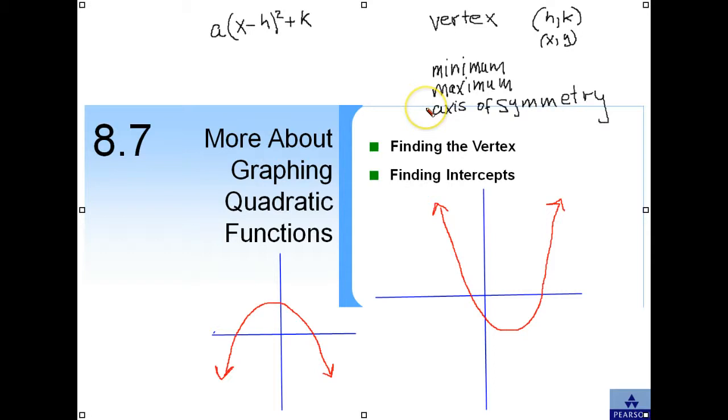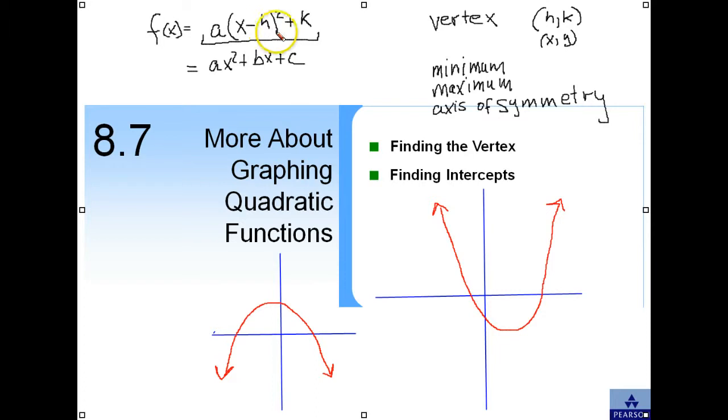Now, before we go on, I want to review the vertex formula, and that would be in function form here. F of x is this. Now, this was derived from the standard form, and I'm going to show you how to do that.